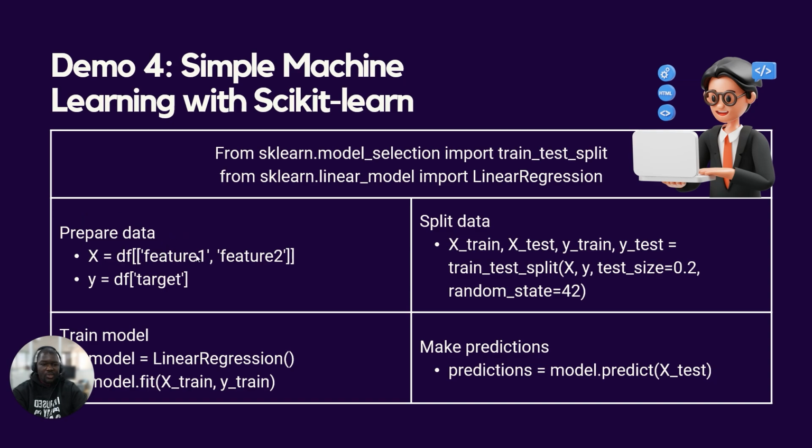Where you say X, you put the features, say feature 1, feature 2, and for Y, you put the DF target. And you split the data sets into X train, X test, Y train, Y test, with train_test_split X, Y, test_size equal to 0.2, and random_state equal to 2. Train model, it's a model now.